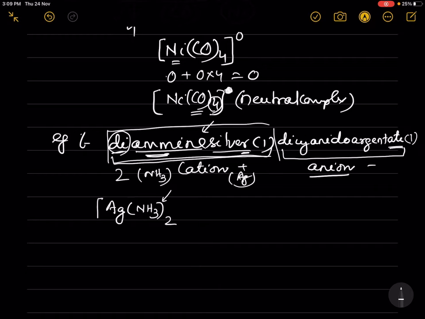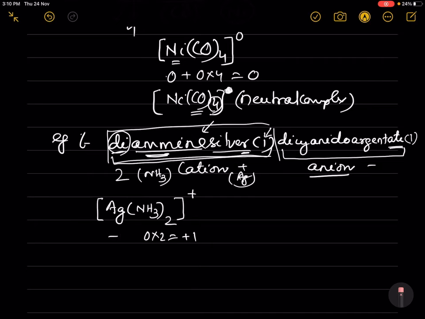I have to write the charge on it. How? You see here it is (I), meaning this is +1. Ammonia is 0 charged, or you can say a neutral ligand. So 0 into 2, plus 1 is equal to how much? +1. So I can write 1 plus, but no need of writing 1 plus, you just write plus over here. So this is [Ag(NH3)2]+.